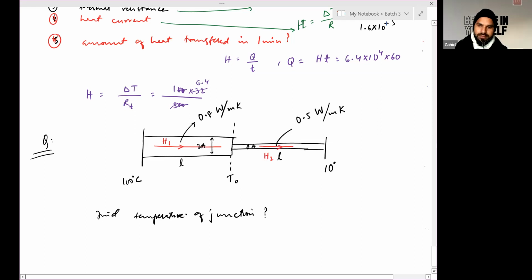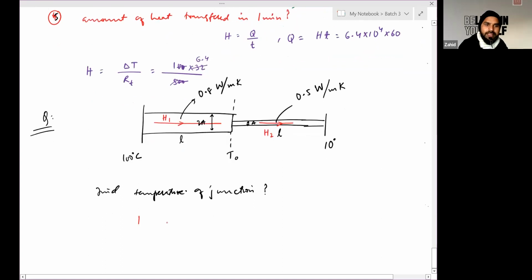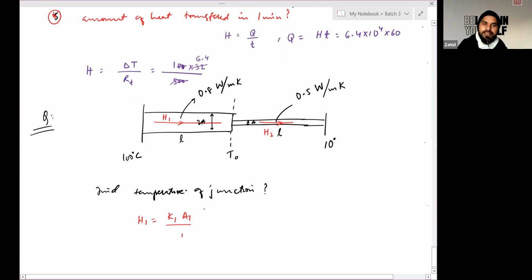So we can calculate H1 equals KA by length, temperature difference 100 minus T0. Similarly, for the second rod, H2 equals KA by length, temperature difference T0 minus 10 degrees Celsius.